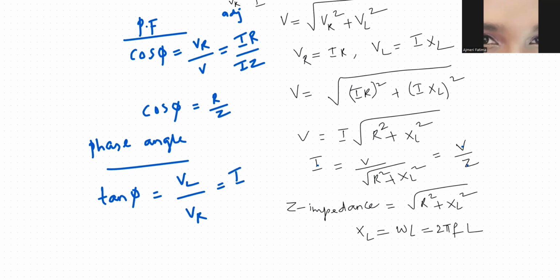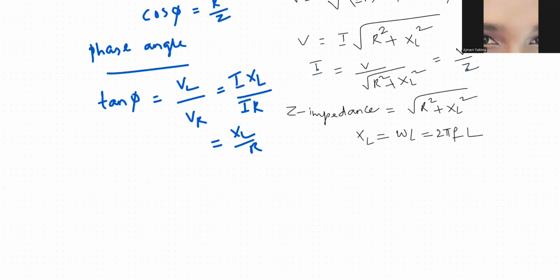What is VR? I into R. So that would give us XL by R. So what I want is phase angle, no? So phase angle is denoted by phi, which is given by the formula tan inverse XL by R. So this completes the RL derivation.